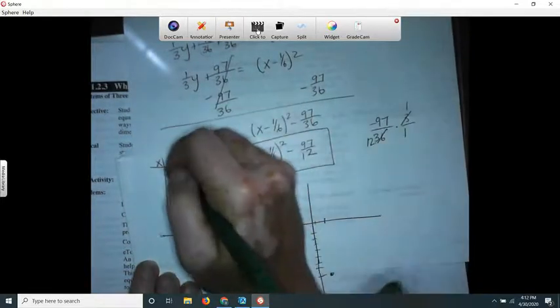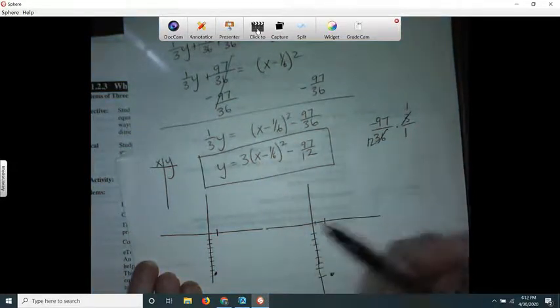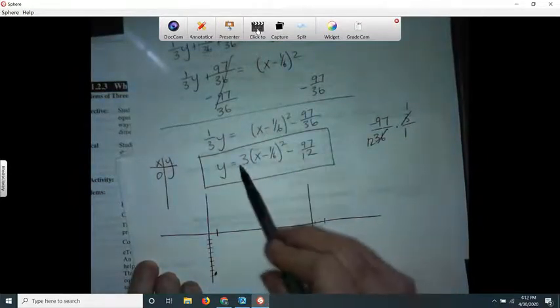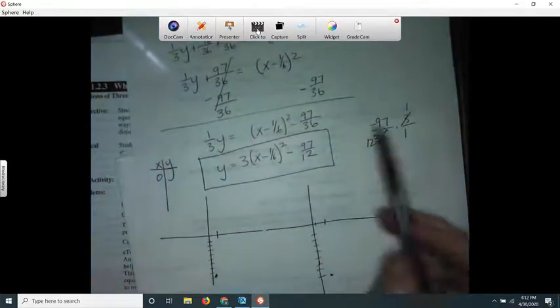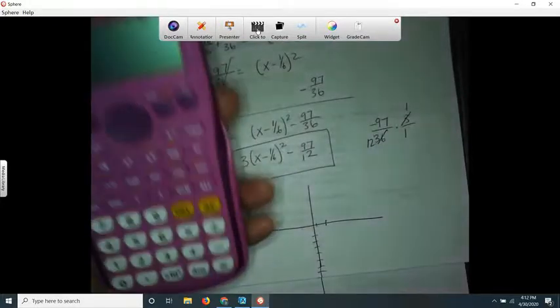Wow. Well, I can find out whenever x is 0. It probably won't be pretty, but I'm just going to plug in x is 0. So if x is 0, then I've got 3 times negative 1/6 squared. Let's find out what negative 1/6 squared is.